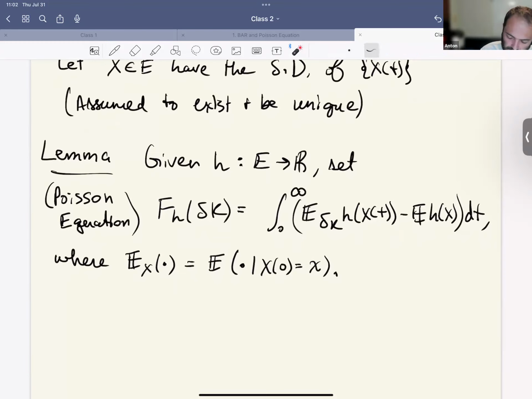Okay. So let me parse what this object is.